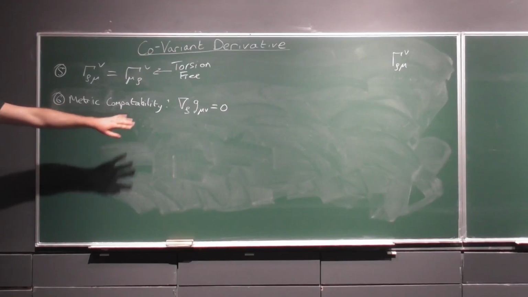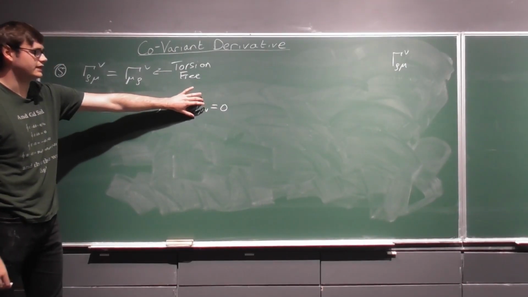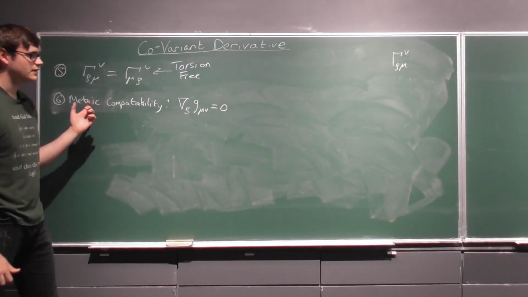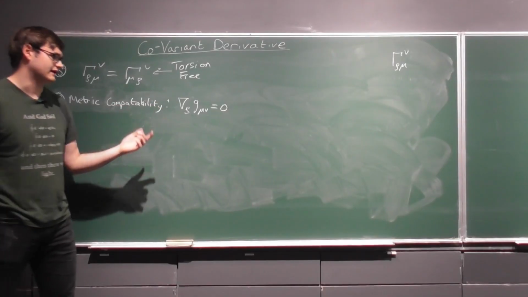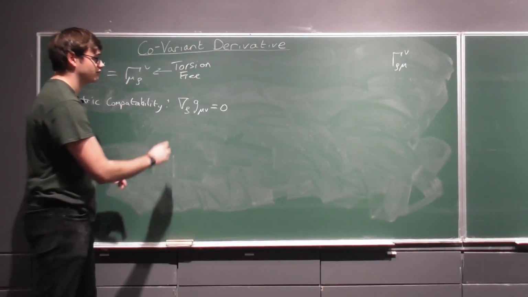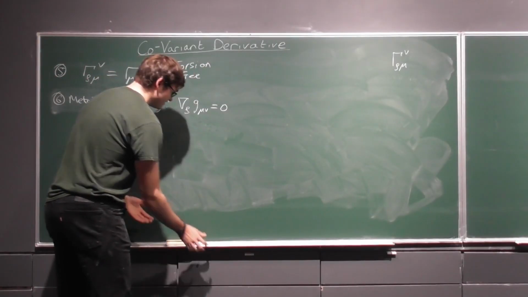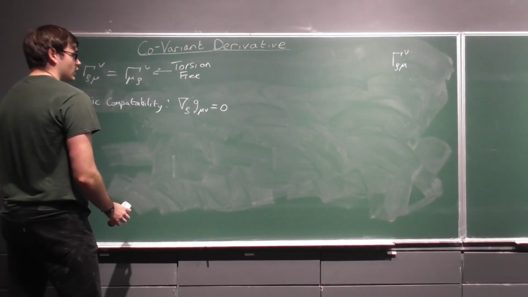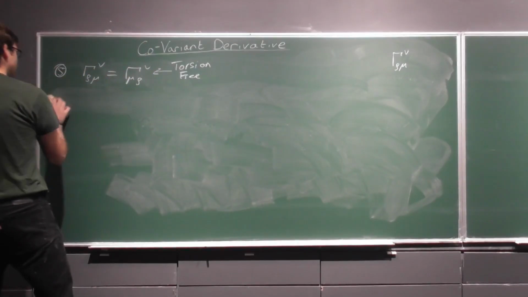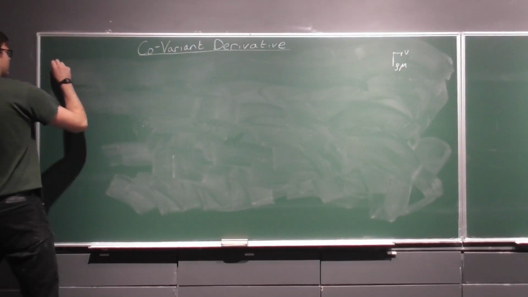This is very handy because if I have tensors and indices inside my covariant derivative, I want to be able to bring in my metric and raise and lower them. Later on, we're also going to find a very nice physical condition that ties in with this to justify making that claim. Now, as I said, with these added conditions, I'm going to just stick this up in the corner.